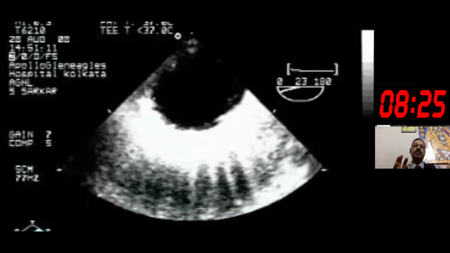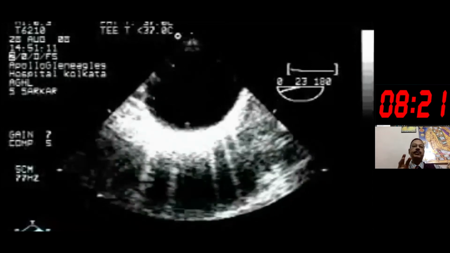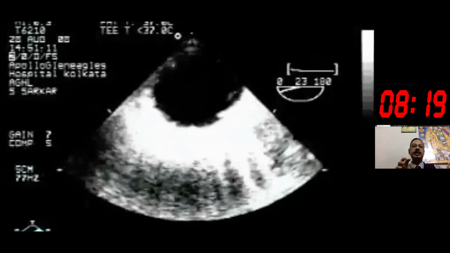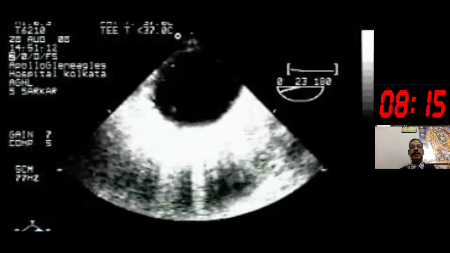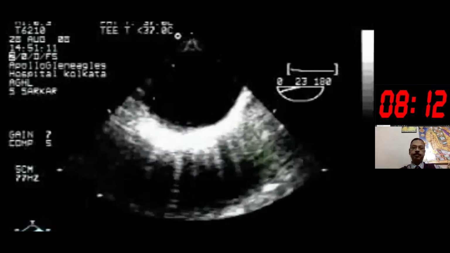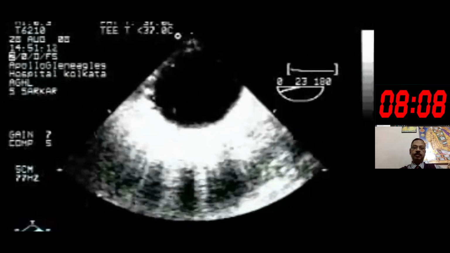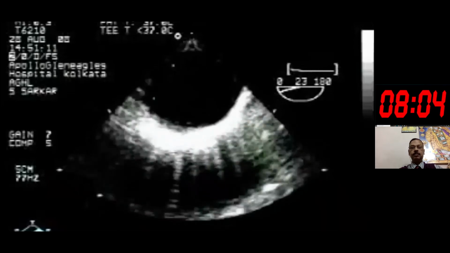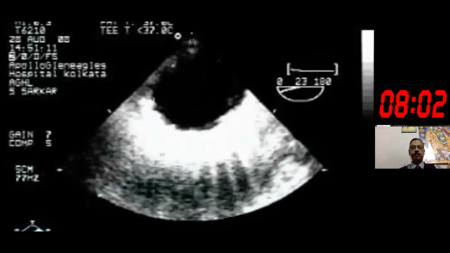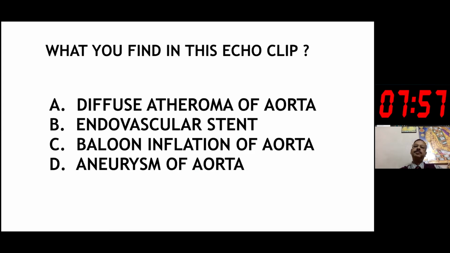Look at this image very, very carefully. What is actually going on, and what is the image of this patient? What is the image I am trying to show you? Well, these are your options.